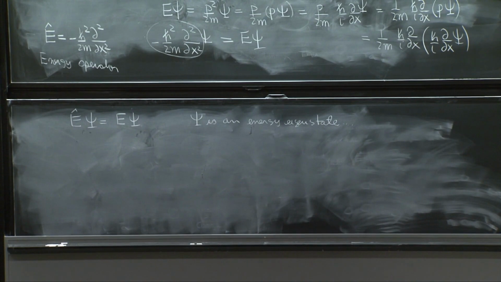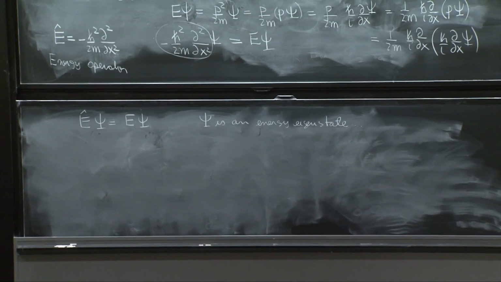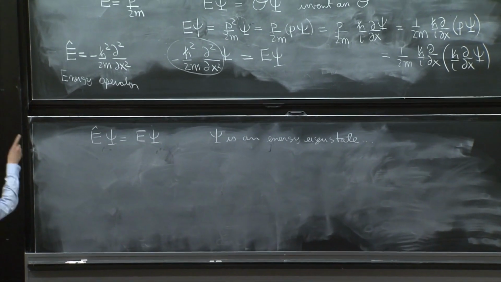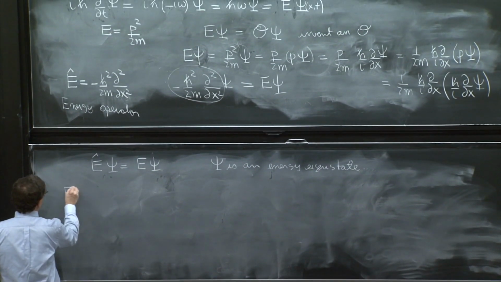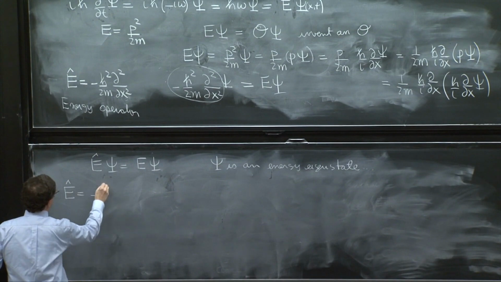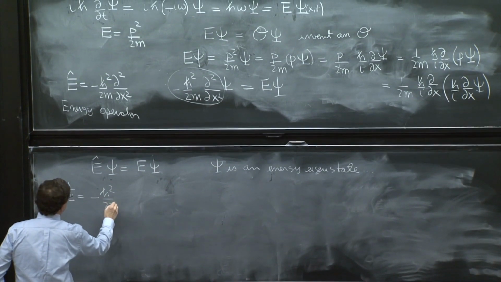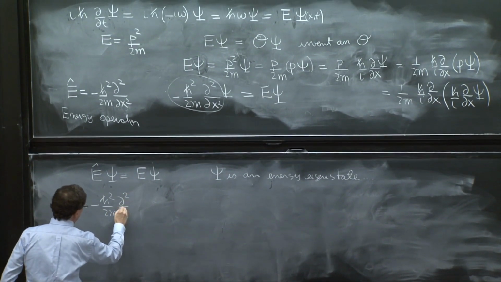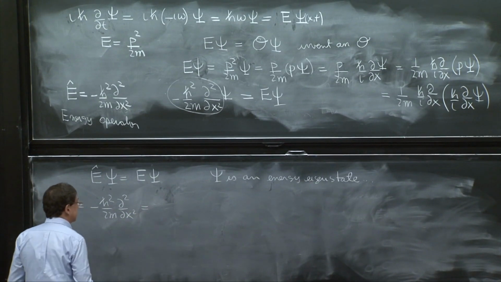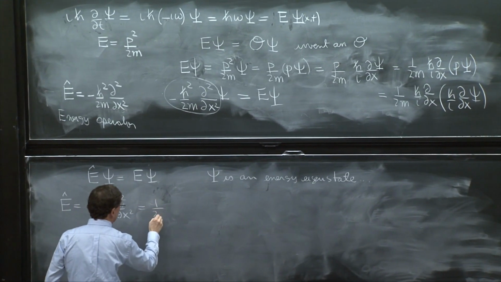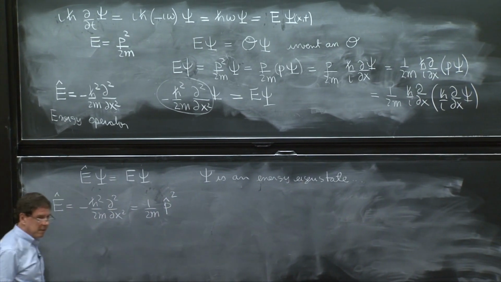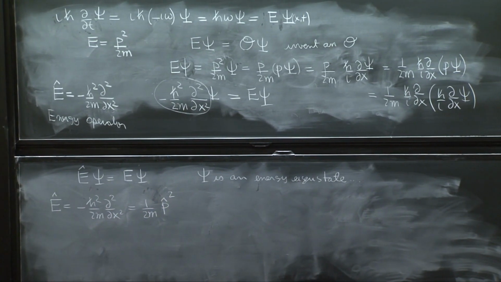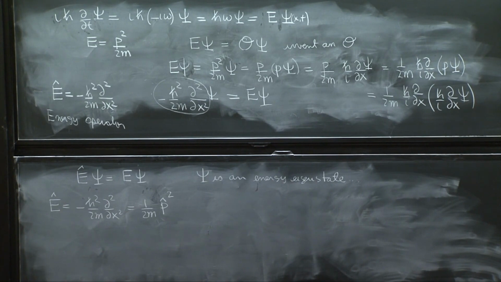I can make it clear for you that, as you've noticed, this energy operator is minus h squared over 2m d second/dx squared. But where it came from, it's clear that it's nothing else but 1 over 2m p hat squared. Because p hat is indeed h over i d/dx.